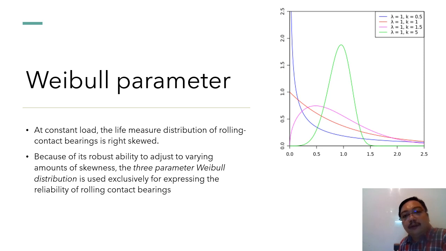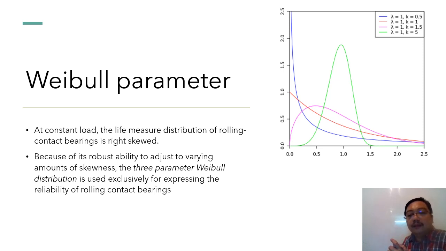People predicted when the war machines, their tanks, would be damaged, how many tanks may be damaged, and how many people may be lost in the war. Historically, people have done this using the Weibull parameter. You can find this information on the internet.